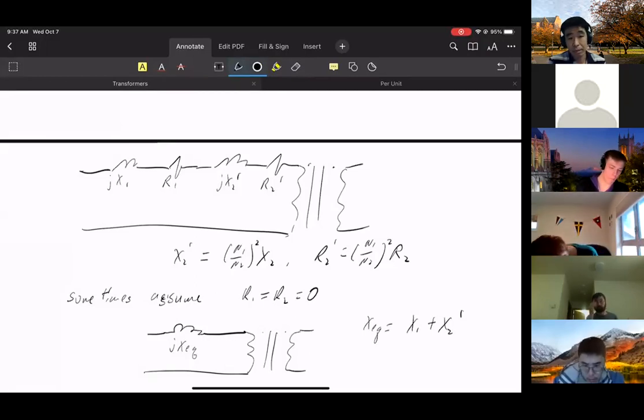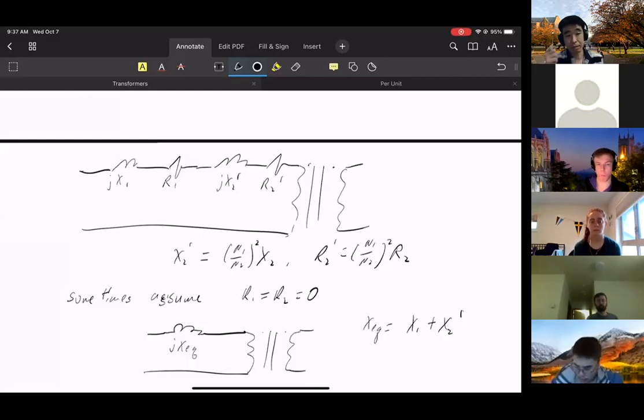The resistance comes from the fact that the wire is not perfect: you lose some heat when you push current through the wire. The inductor comes from the fact that we're winding the wire this way, so even if the wire is perfect, it still looks somewhat like an inductor.